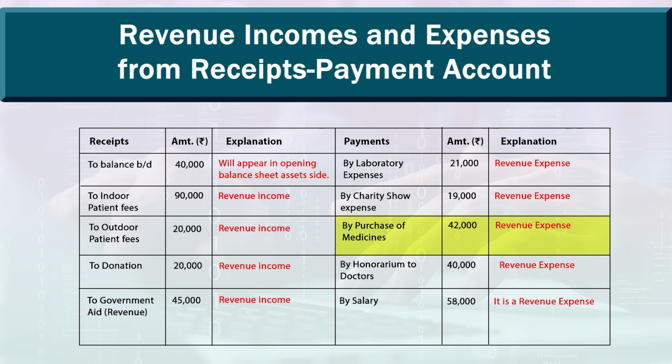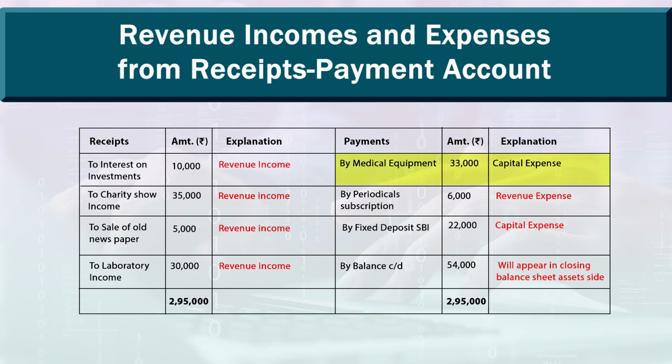It is also a revenue expense. The honorarium paid to doctors is rupees 40,000, also a revenue expense. The next entry is salary of rupees 58,000. It is a revenue expense.